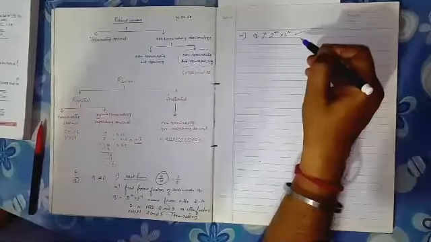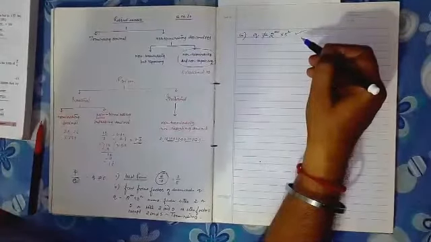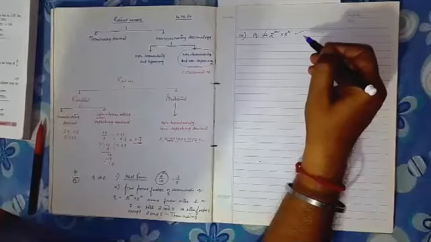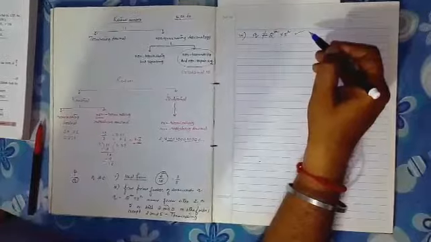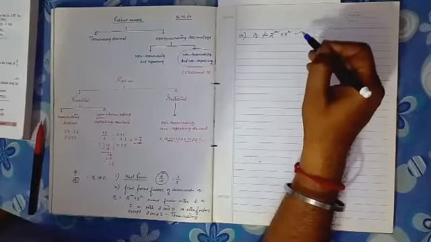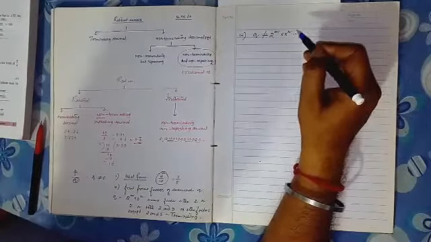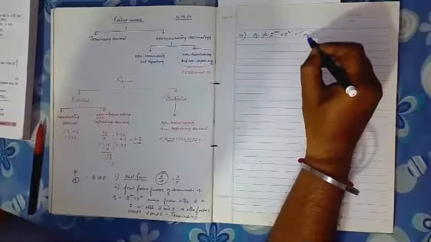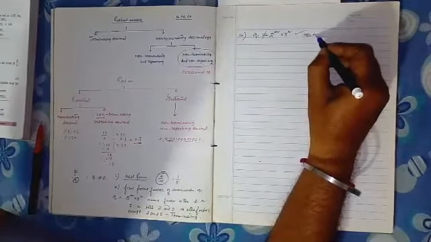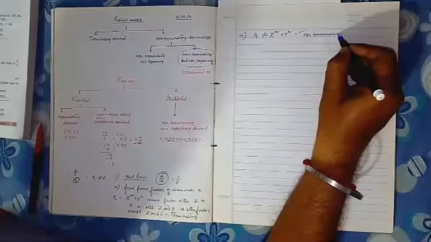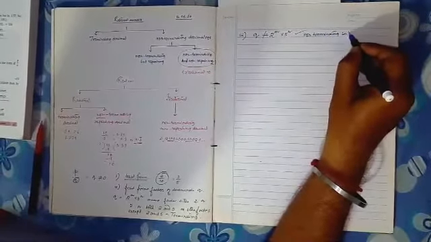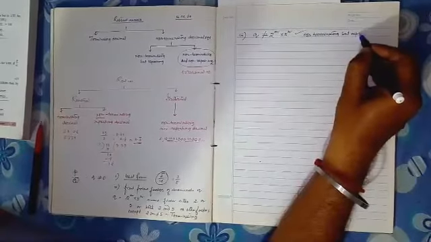It means it consists of factors other than 2 and 5. Then it is non-terminating but repeating.